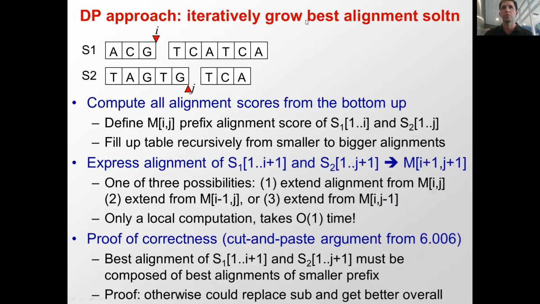So you can hopefully see now that the dynamic programming approach is iteratively growing the best alignment solution and basically walking through all of the characters of increasingly long prefixes of the two sequences. So we're going to be computing all of the alignment scores from the bottom up, defining a matrix indexed by I and J of all of the prefix alignment scores of S1 and S2, all of the optimal prefix alignment scores.